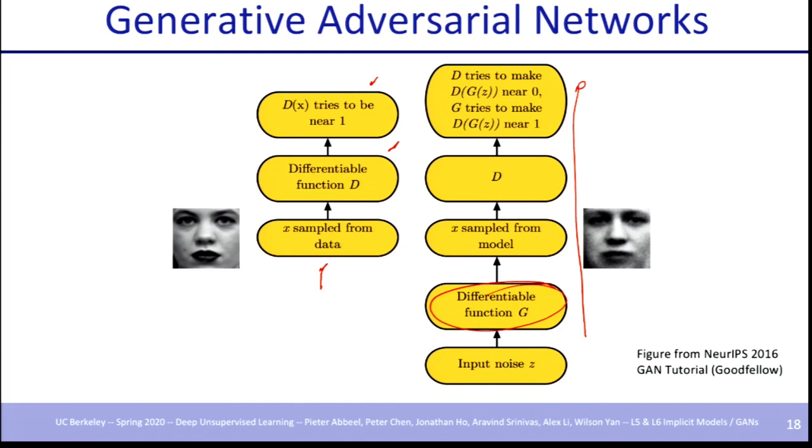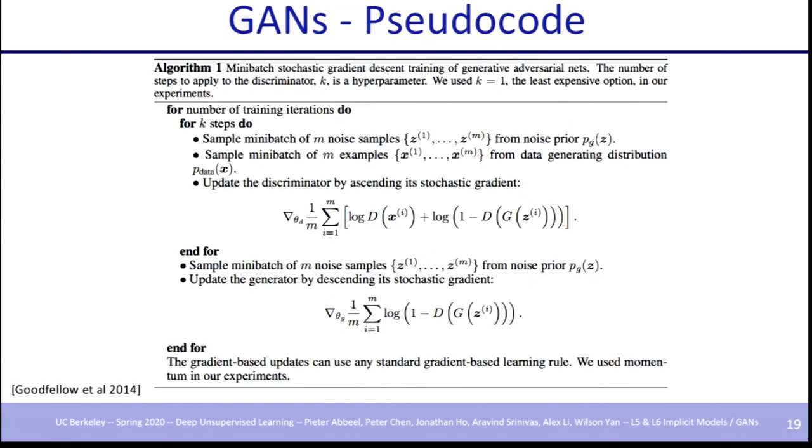And so what effectively happens, if you look at the math, well, we can look at the algorithm. You're going to iterate. You're going to sample some Z's and generate, let's say, images to be concrete. Then you're going to take a mini batch from your data. These are the real images. Then you're going to look at this objective. You're going to optimize your discriminator to maximize its classification accuracy. This is just straight up supervised learning.